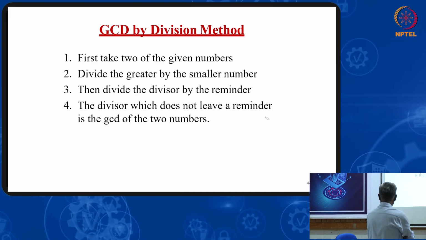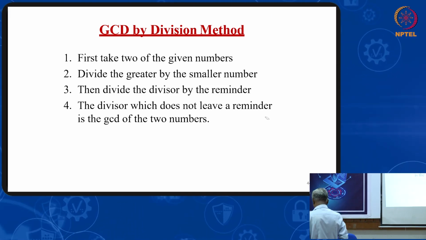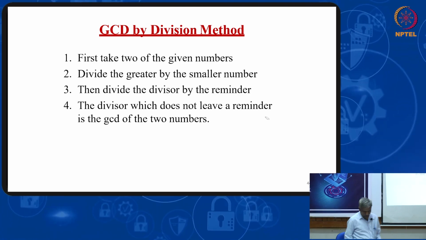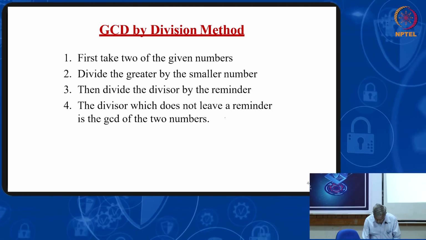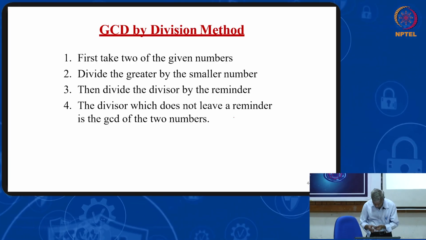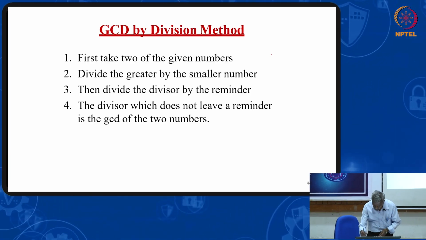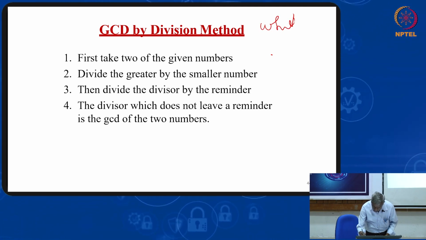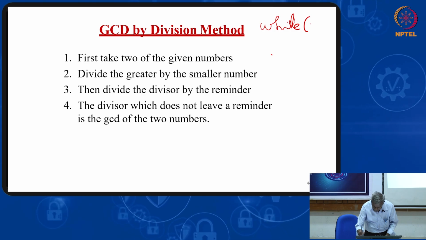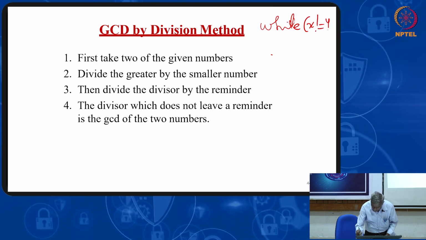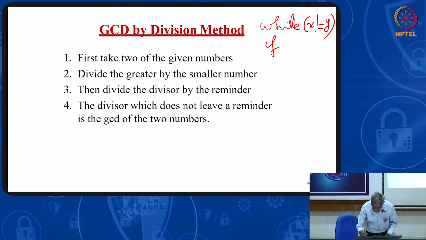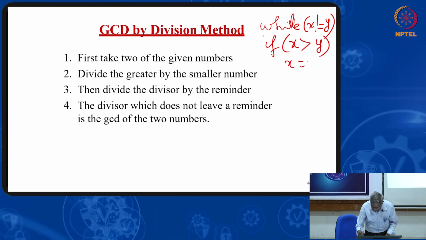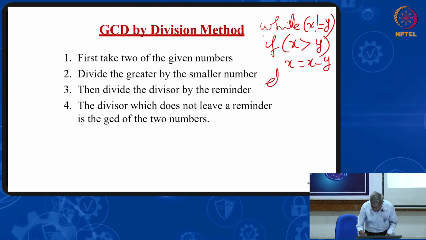Now, the simplest method to find the greatest common divisor is, I can write an algorithm. While x is not equal to y, if x is greater than y, then x equals x minus y.